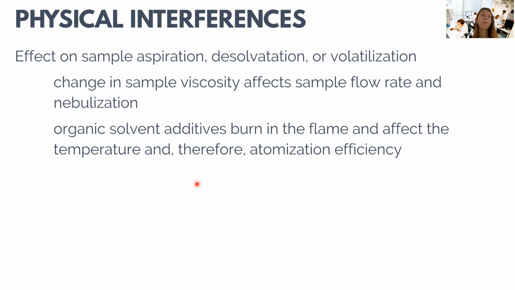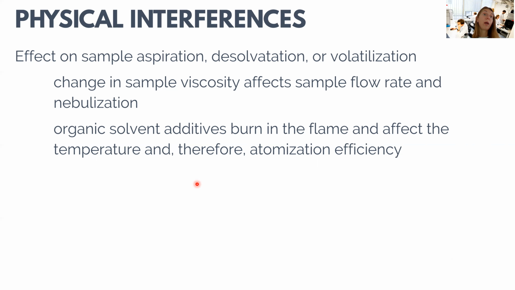For example, if the sample has very different viscosity than do the calibration standards, then the flow rate of the sample is going to differ from sample to standards, and therefore we will not see actually the same concentration of the atoms in the flame.